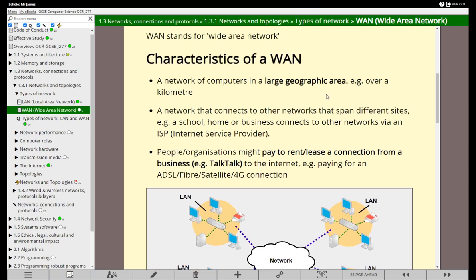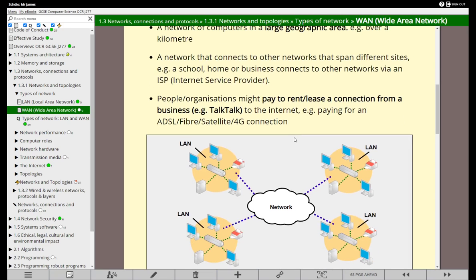So we're talking about a large geographic area, network that might span different sites, for example. And then this time, yes, you can think about the internet, because in order to connect different LANs together, we're probably going to need a little bit of help. We're going to need help from BT or Virgin, the people who own all of the connections that enable us to connect LANs together.